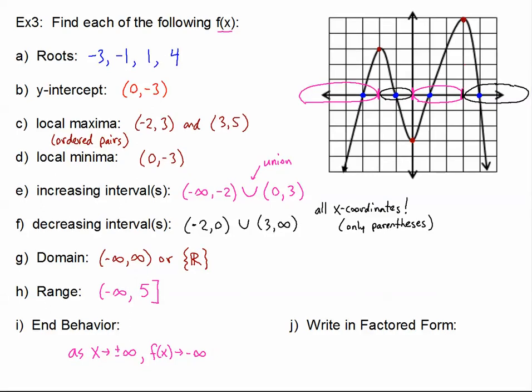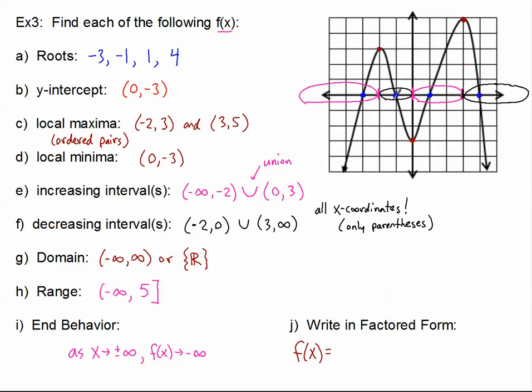Okay, last question. Write it in factored form. Let's write f of x into factored form. Well, first of all, I'm going to leave a little bit of a blank right here. But to write the factors of our function, since we have our graph and we have our x-intercepts, we can just convert each one of our x-intercepts, our zeros, into factors.